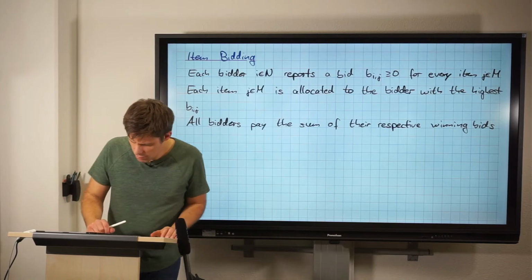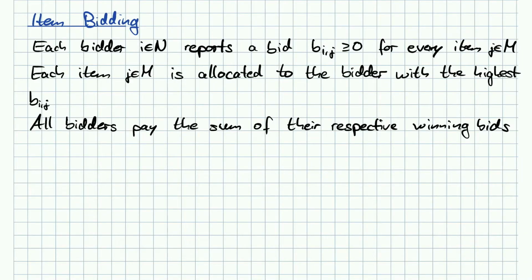And the kind of valuation functions we now want to analyze this with are unit demand functions, which I hope you remember, in which you actually only want one item. So recall how they are defined.